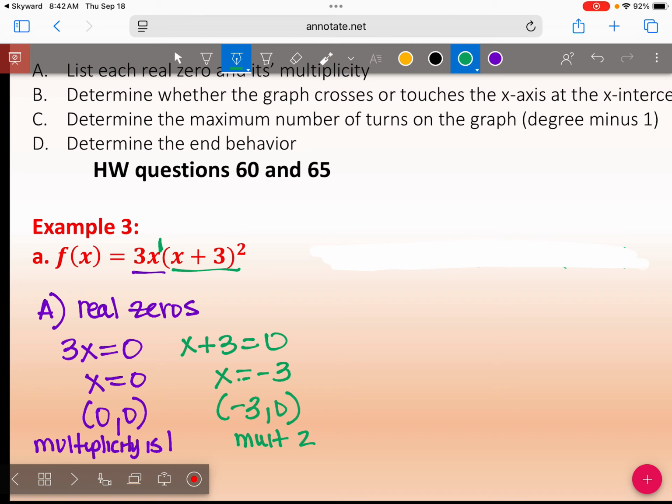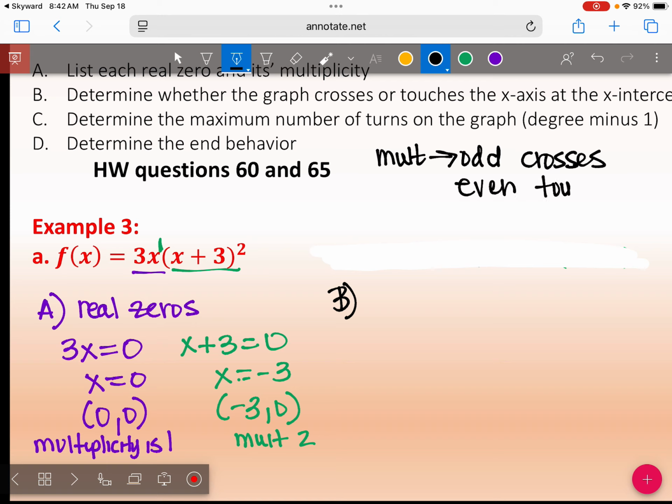Part B asks you to determine if it crosses or touches. If your multiplicity or your degree is odd, it crosses. But if it's even, it touches. And we're going to do a little sketch in a second.